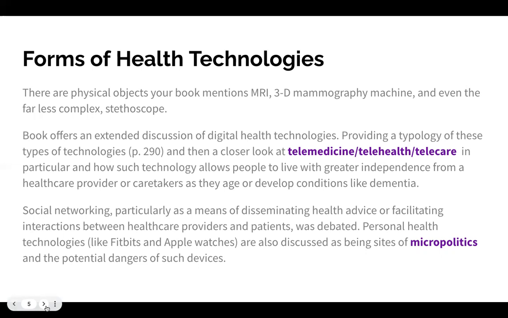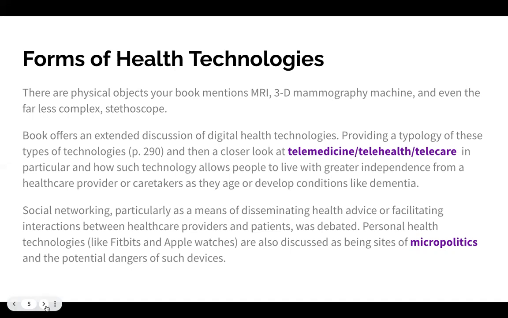So they emphasize all the types of health technology that, when combined, when digitized, have impacted people's approach to their own health, whether it's taking care of their own health, learning more about their own health, communicating with their doctors, communicating with other people about their health. After offering that typology, they then focus on some specific forms of digital health technology in greater detail.